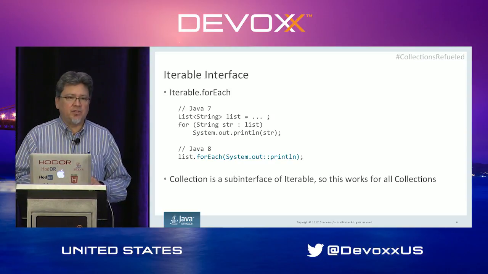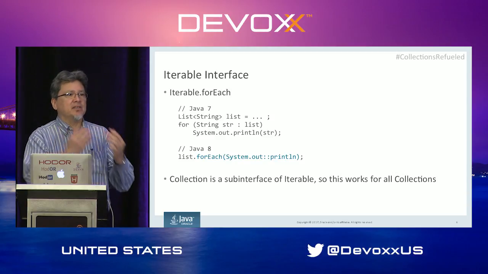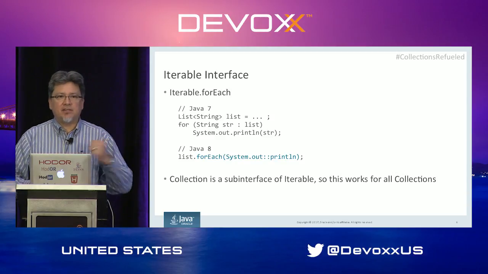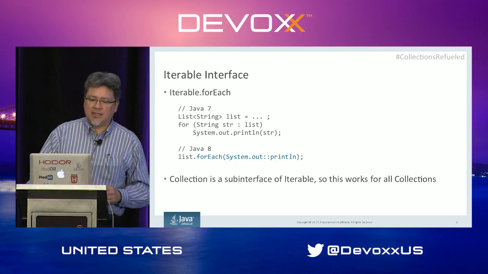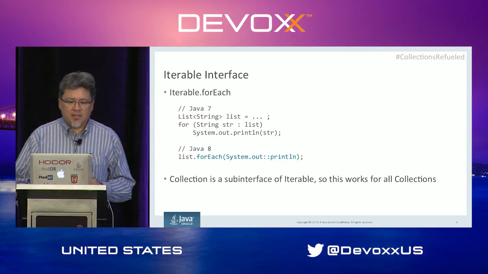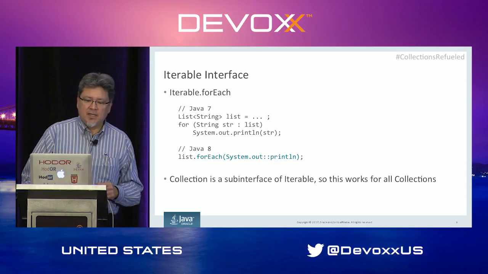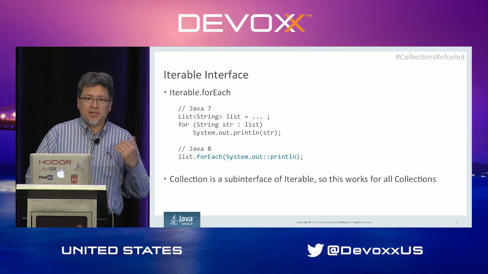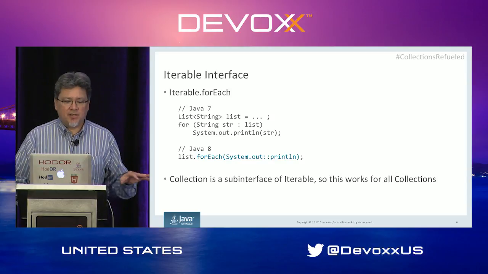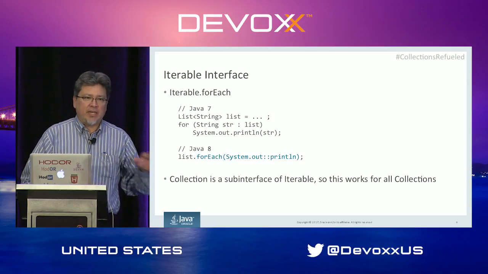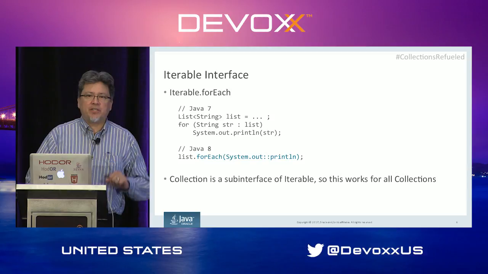And so in Java 7, you write the enhanced for loop. But in Java 8, what you can do is call the forEach method and pass it a lambda. What it does is it executes that lambda on each element in that list. And so that's a little syntactic nicety. But Iterable is inherited by every collection implementation, so all the collections are now enhanced by having this forEach method on them.